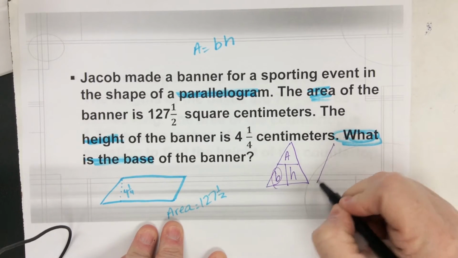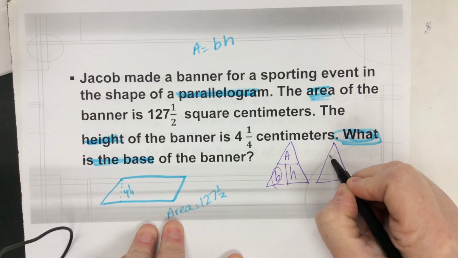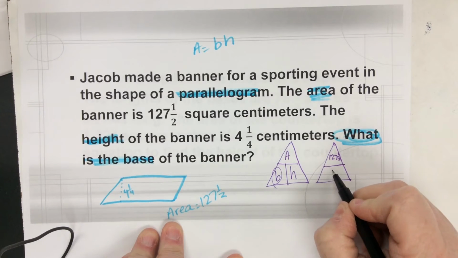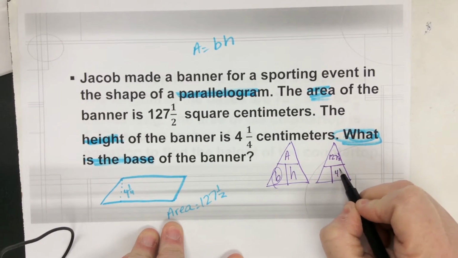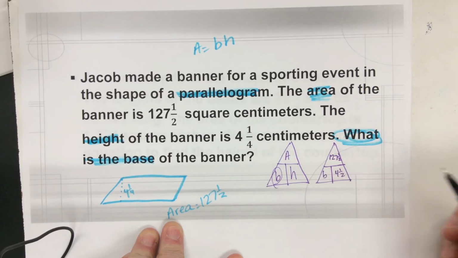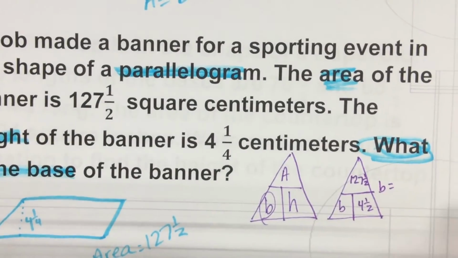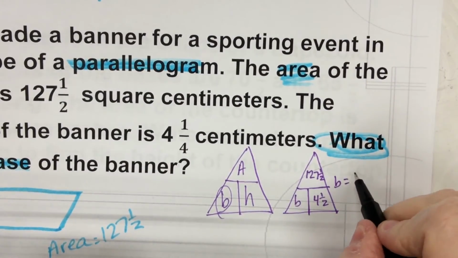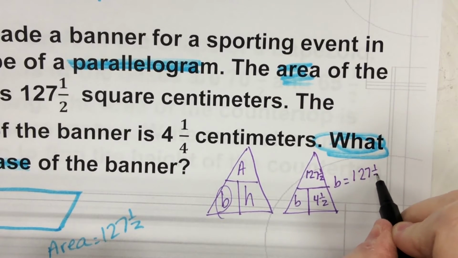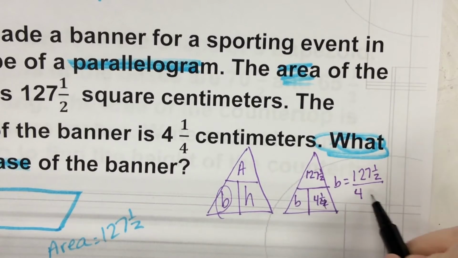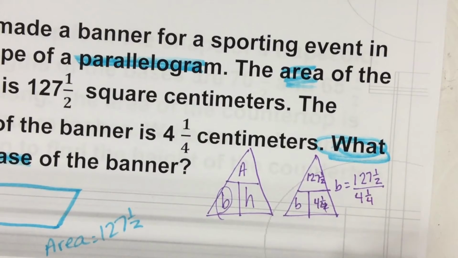So my area is 127.5 square centimeters. My height is 4.25, and I need to know the base. Okay, this becomes a division problem. Base equals 127.5 over 4, sorry, it was not a half, it was a fourth. Okay, and that division would tell you the base.